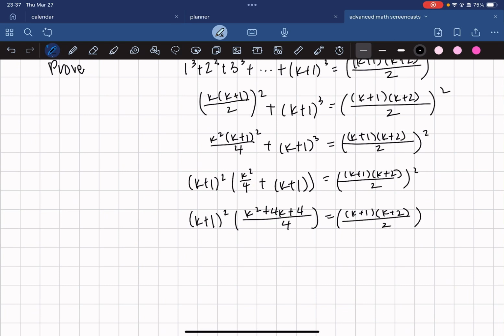And then we can simplify this even more and say k plus 1 squared times k plus 2 squared over 4 is equal to k plus 1 times k plus 2 over 2.